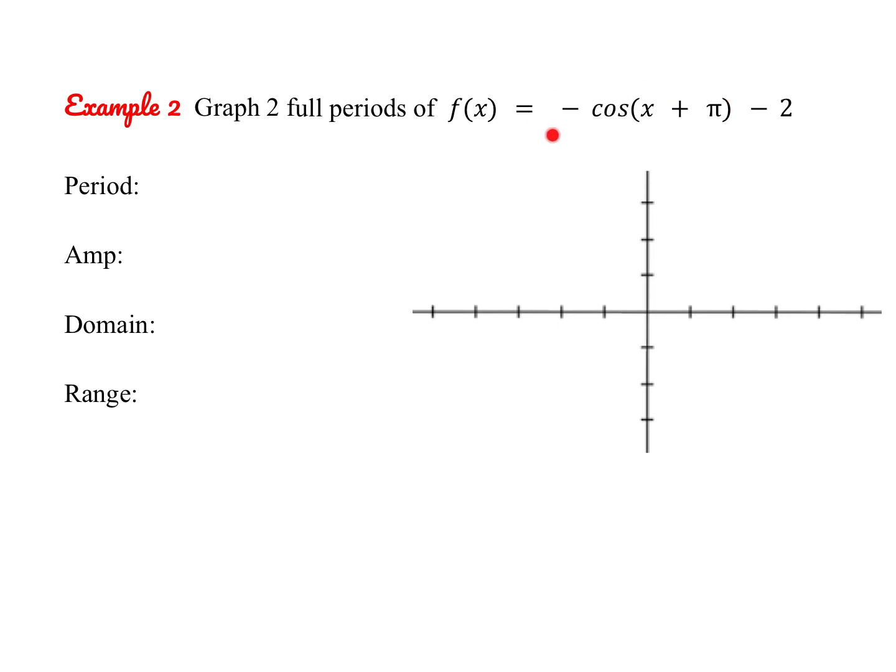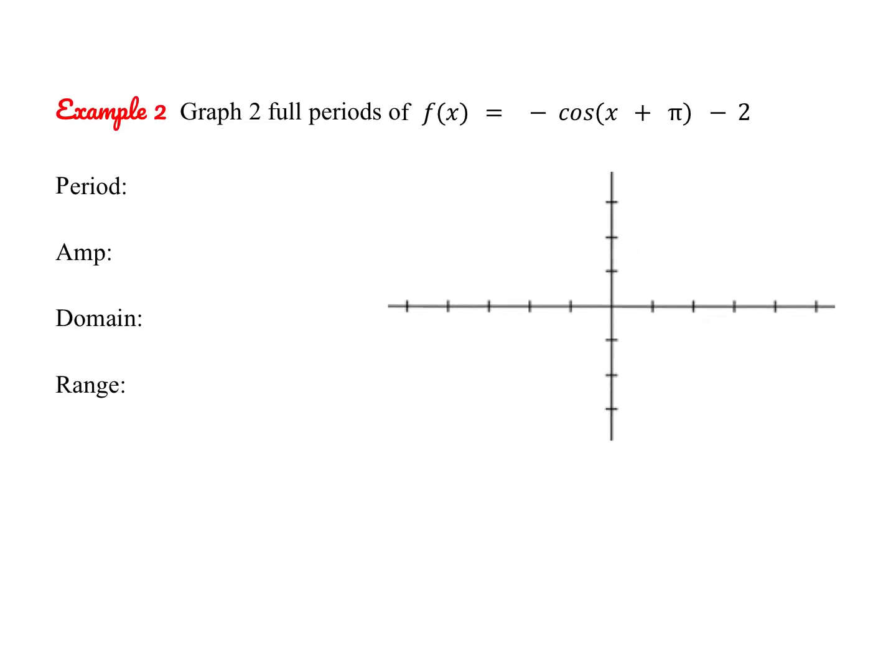If you look at this first function, you see we have a couple of transformations going on here. First I notice that our graph is shifted down 2. That means the midline of our graph is going to be at y = -2, so I like to draw a little horizontal line here.